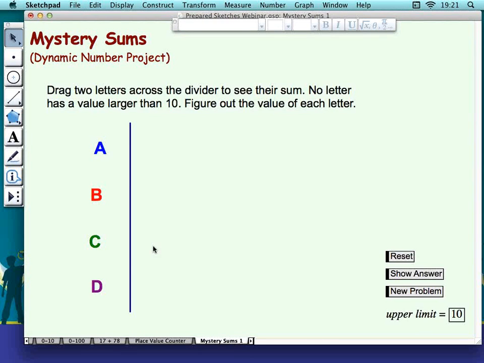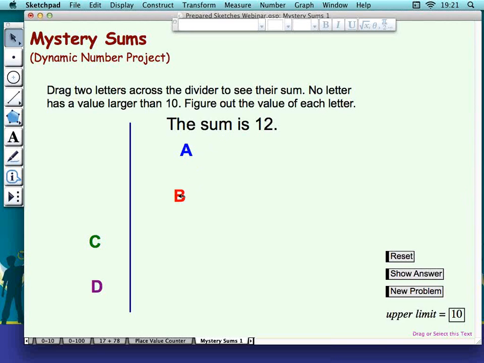Okay. Next activity is mystery sums, and this again is a reasoning activity in which we encourage kids to develop strategies to figure out some interesting problems. In this activity, students can drag various letters across a dividing line, and as soon as they drag 2 letters across the dividing line, they can find out that the sum of these 2 letters, of these 2 numbers, we don't really know what the numbers are, but the sum is 12.